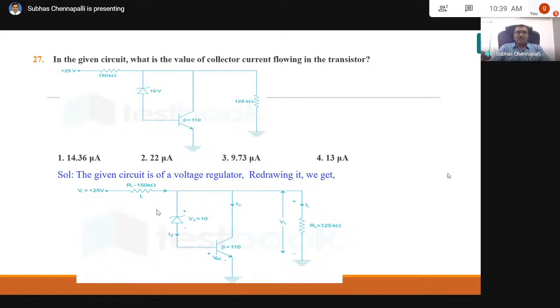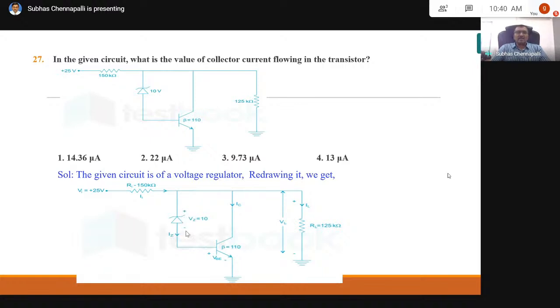So when a circuit is given and you lack some data there, suppose VBE is not given, you take 0.7, but you cannot take the current passing through the Zener as some fixed value because that ranges. We don't know what type it is. VZ is equal to 10, and we don't know how much current flows through this, and at the same time no data is given to calculate IZ.